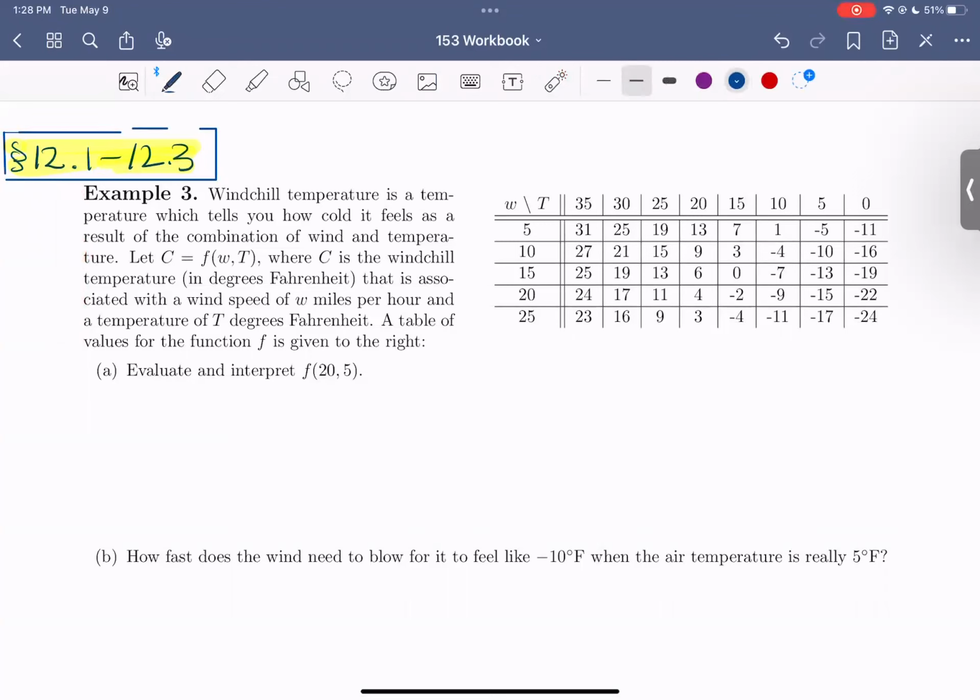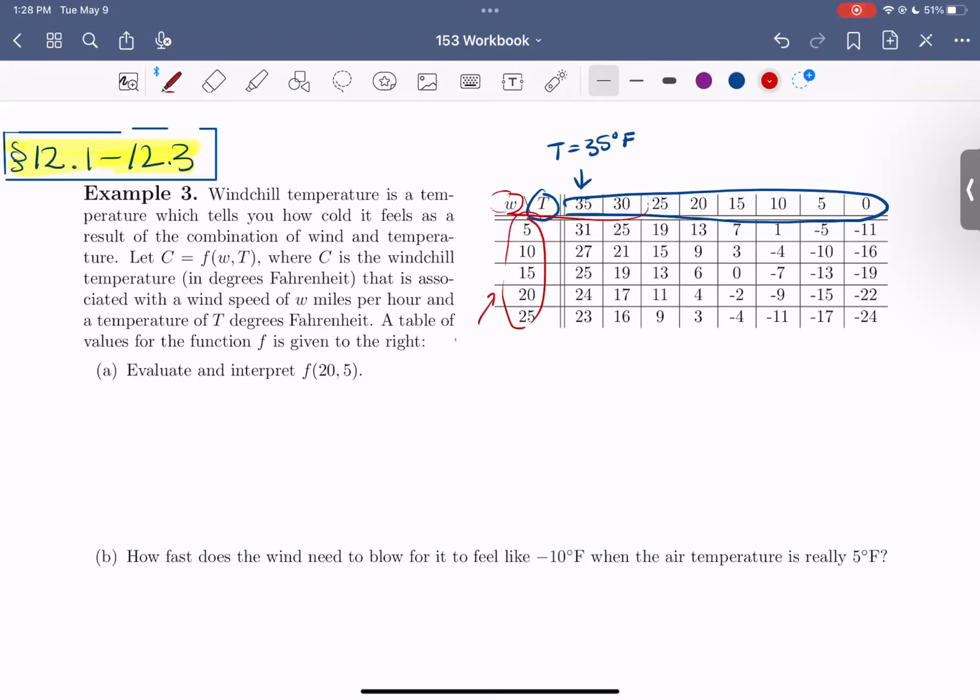In this table, notice the upper left corner has a W/T. How we read that is that the big T represents the values in the columns. So here, the temperature is equal to 35 degrees Fahrenheit. And then W is the variable represented in the rows.